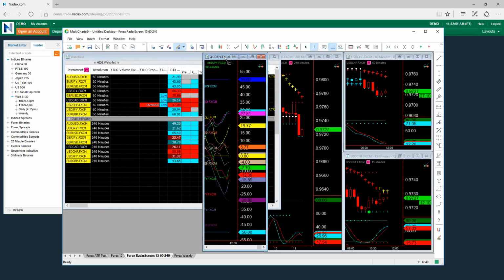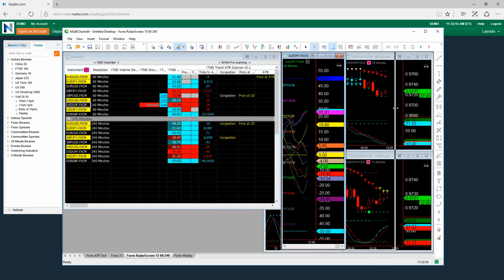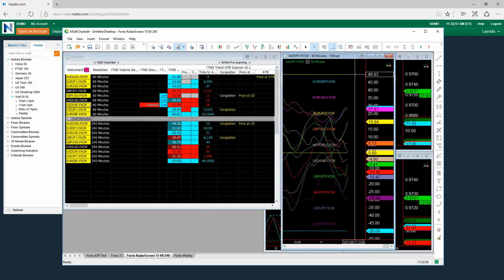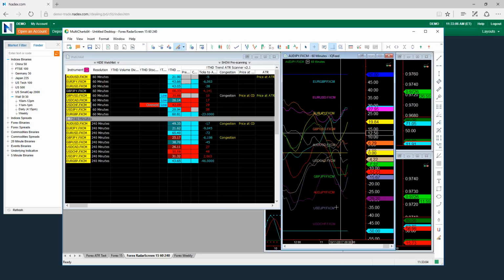The other reason is, this window actually shows me everything that's going on. And notice we don't have anything that's overextended. And that tells me I've got to trend trade. There's nothing that's overextended, so I have to trend trade. Okay. What does that mean to me?